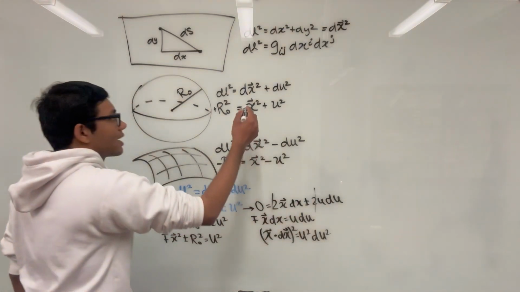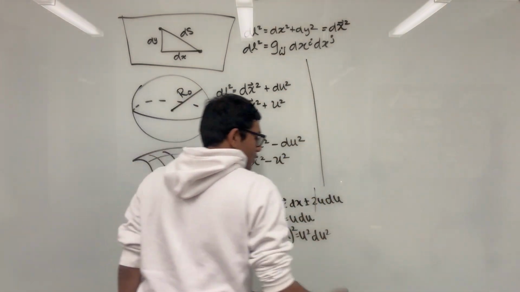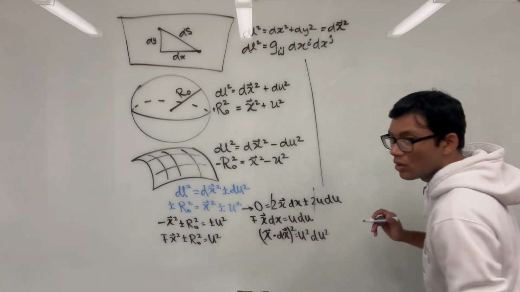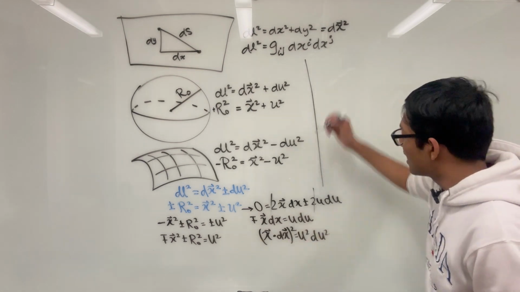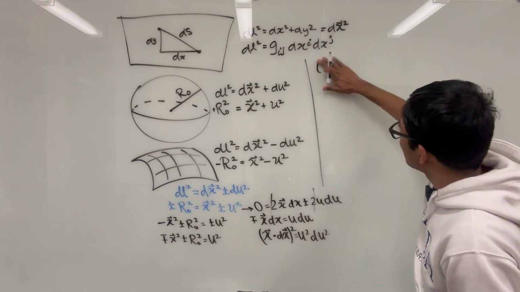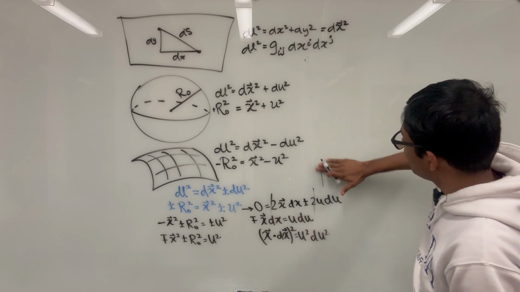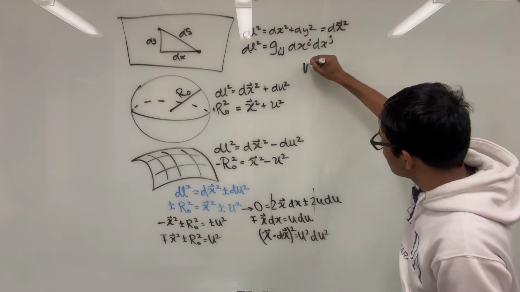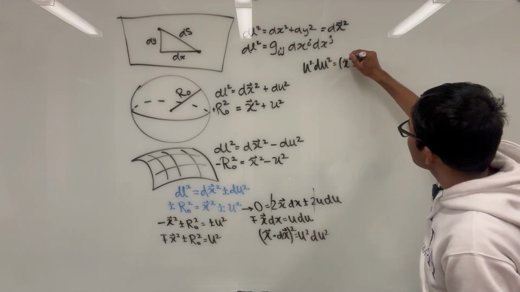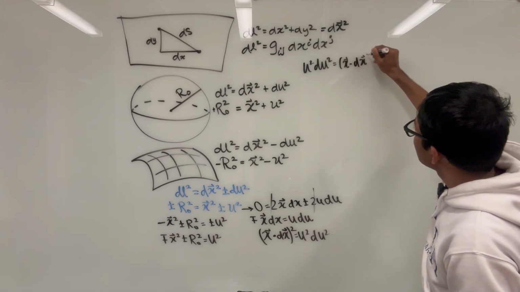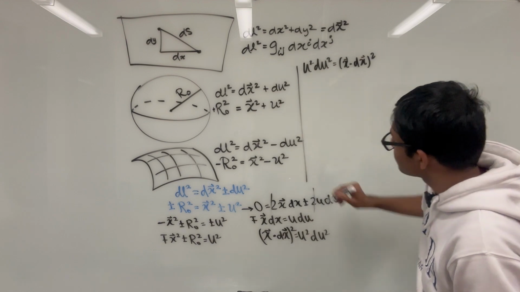Now, for u squared, I've got this simple expression that I can plug in. So let's bring it over here. So I've got x dot dx squared. So let's be clear about this. So u squared du squared is equal to x dot dx squared, okay?